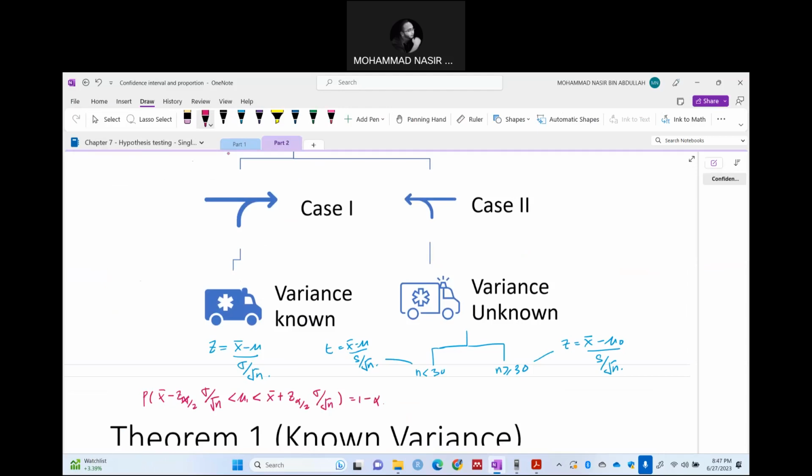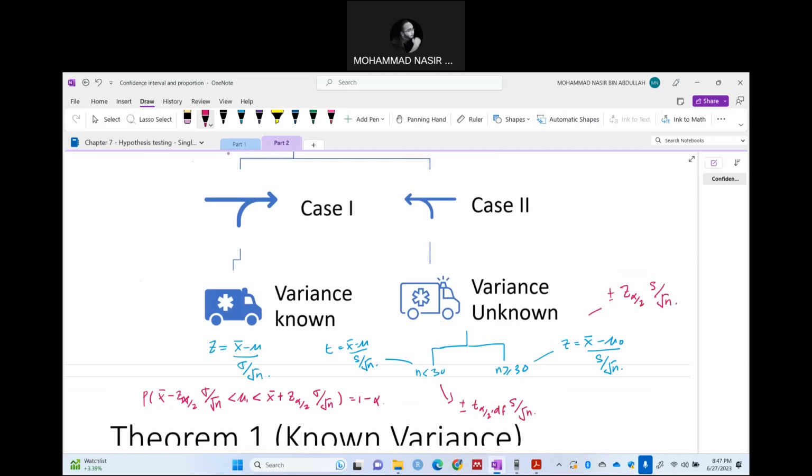When variance is unknown, we just replace the margin of error. So the margin of error, right? Z alpha divided by 2 S over square root of N. For N less than 30, the margin of error is T alpha divided by 2 with degree of freedom N minus 1 times S over square root of N. Right.